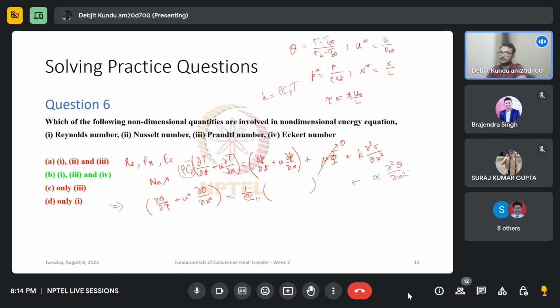Other terms will also come here. So let's see. Let's do the first term first. So t we are converting to theta. So dou theta would be dou t divided by this thing. So dou t would be dou theta multiplied by that.